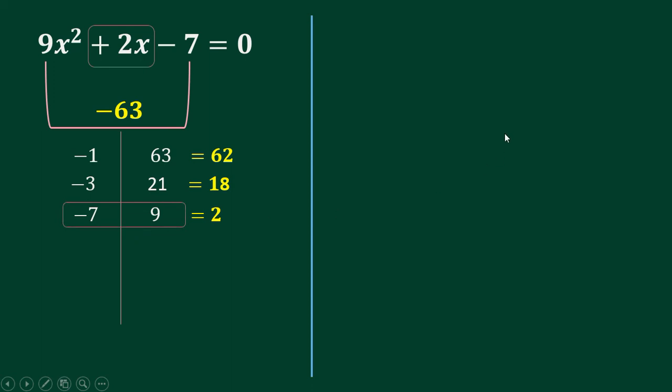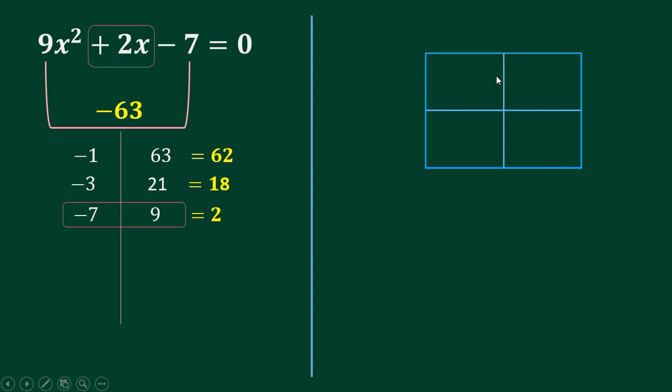Then in a box, still the first term and third term in diagonal position, 9x squared, then negative 7. Then for the factors, just add x, so negative 7x, and the 9x.